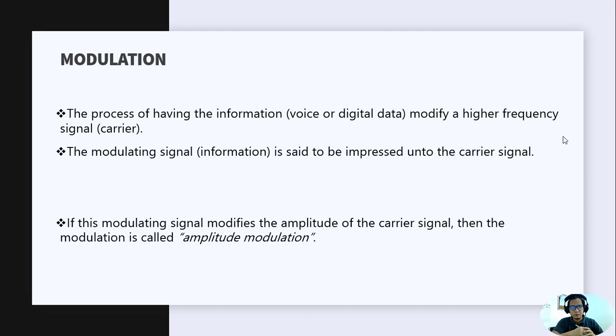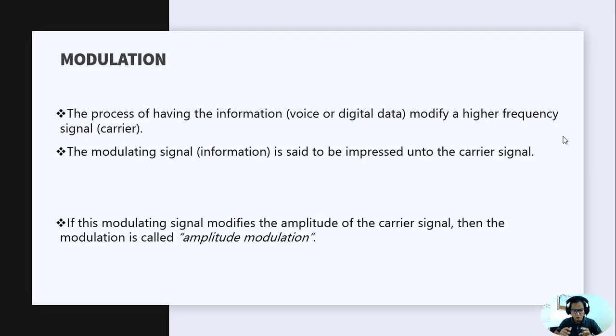Here in modulation, usually the lower frequency signal is our information. Our information may be in different forms. It can be an analog signal in the form of voice. It can be a digital data. Okay?